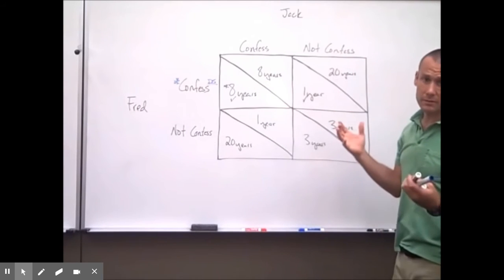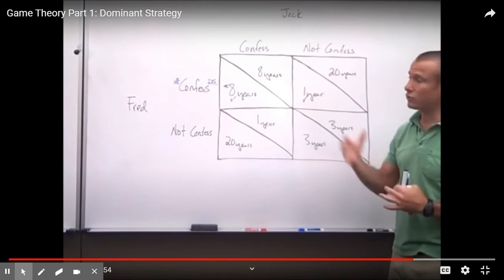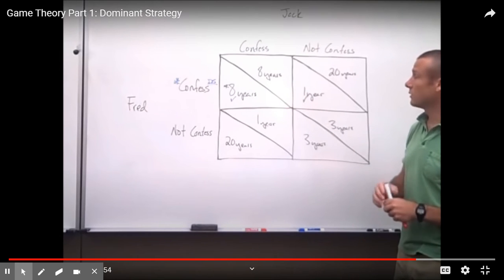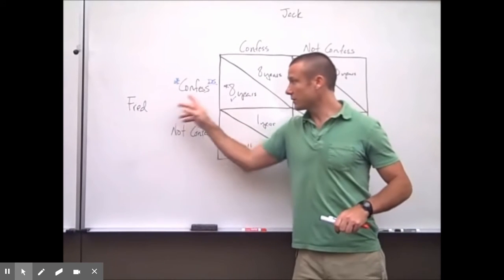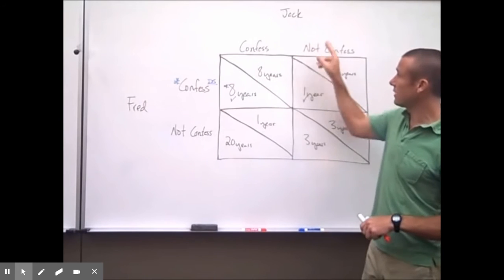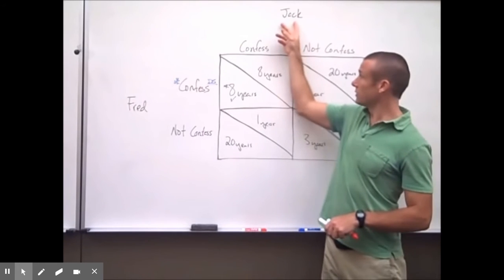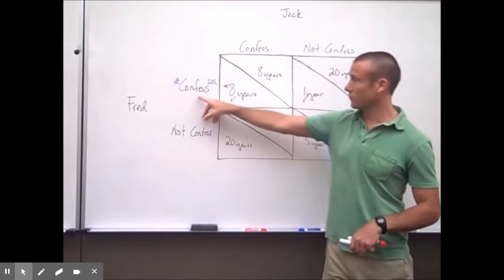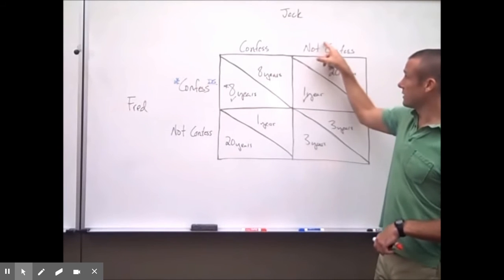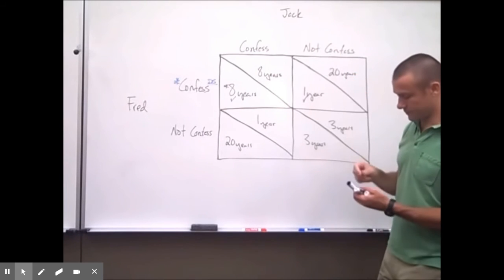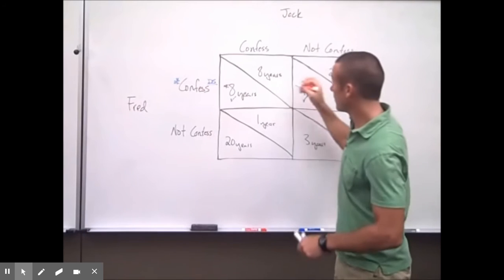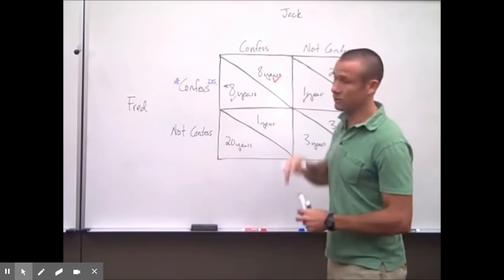Jack, does he have a dominant strategy? Does he have a strategy that's best regardless of what Fred does? Let's take a look. If Fred confesses, should Jack confess or not confess? Well, if Jack confesses, 8 years when Fred confesses. If Jack does not confess, 20 years. Well, that's not hard to see. Jack should definitely confess.